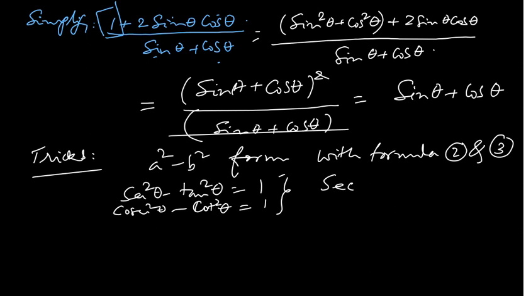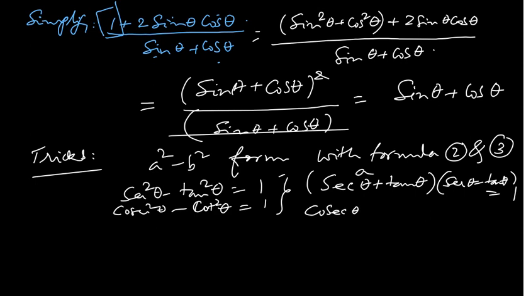That's nothing but secant theta plus tan theta multiplied by secant theta minus tan theta, right? A plus b and a minus b equals 1. Agree? Yeah. Secant theta, this is a plus b, a minus b will give you a square minus b square, isn't it? So similarly, cosecant theta plus cot theta multiplied by cosecant theta minus cot theta equals 1.